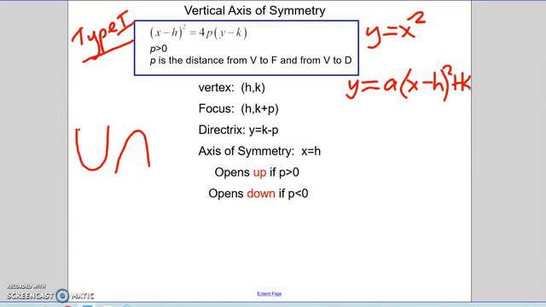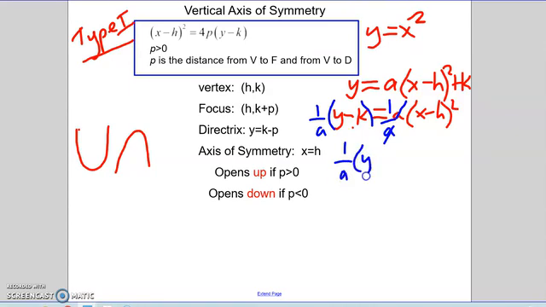Now, if we take and subtract k from both sides, we end up with y minus k is equal to a times x minus h squared. And now what I'm going to do is divide both sides by a, or multiply both sides by 1 over a. So over here I'm going to do 1 over a, and over here I'm going to do 1 over a. These a's would cancel, so I'm left with 1 over a times y minus k is equal to x minus h squared.